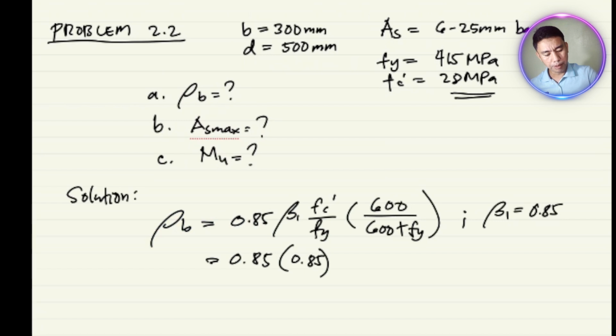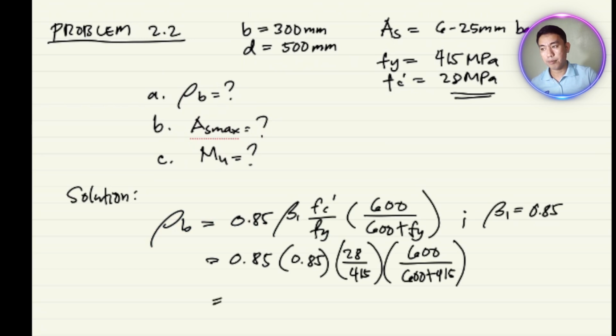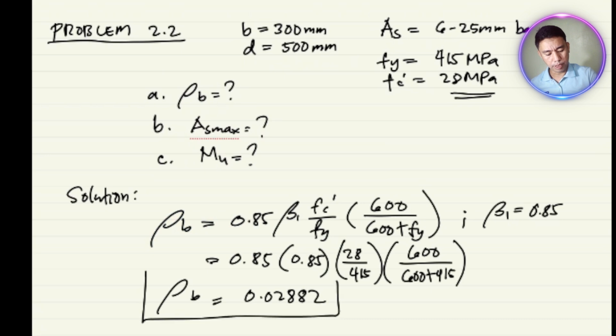The Fc prime is 28 divided by Fy, 415 times 600 over 600 plus 415. We will have a rho balance. So parang input lang yun ng value. 0.02882. So that is the final answer.